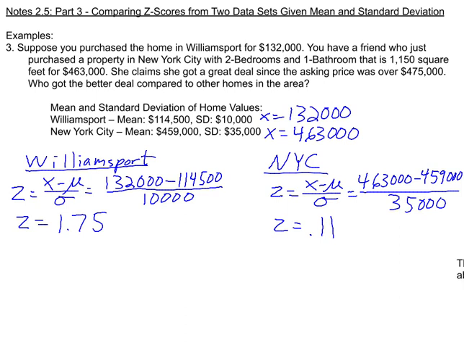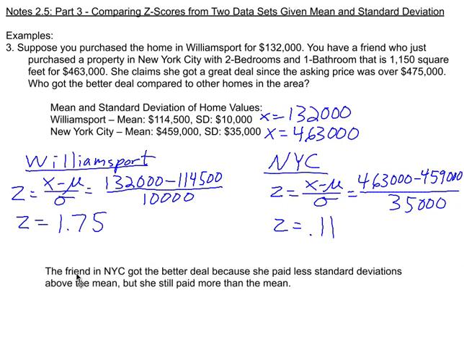So to answer the question, we would say that the friend in New York City got the better deal because she paid fewer standard deviations above the mean, but she still paid more than the mean.